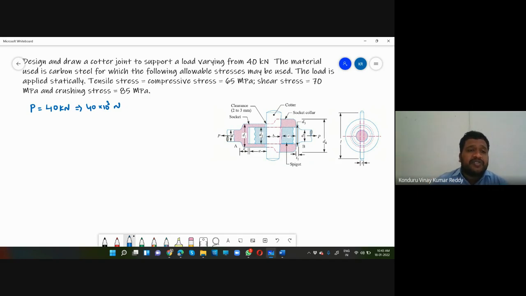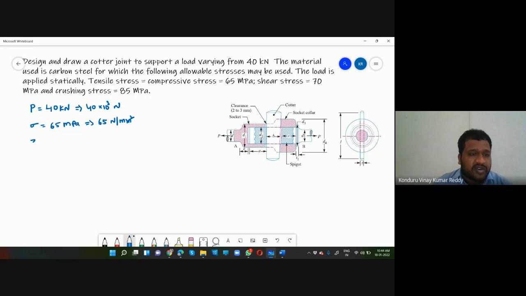The material used is carbon steel, for which the following allowable stresses may be used. Tensile stress or compressive stress, that is normal stress, is equal to 65 megapascal, which is 65 Newton per millimeter square.